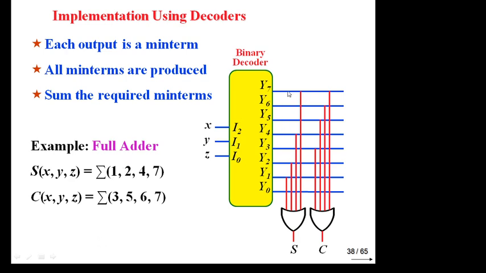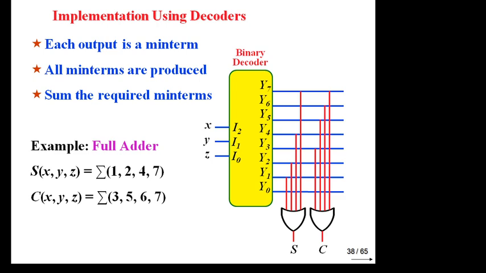In case of decoder, you are getting output 1, 2, 4, 7. Okay, so you require this. So how to implement full adder by using decoder 3 to 8. This is your 3 to 8 decoder. Suppose you have to implement any function.